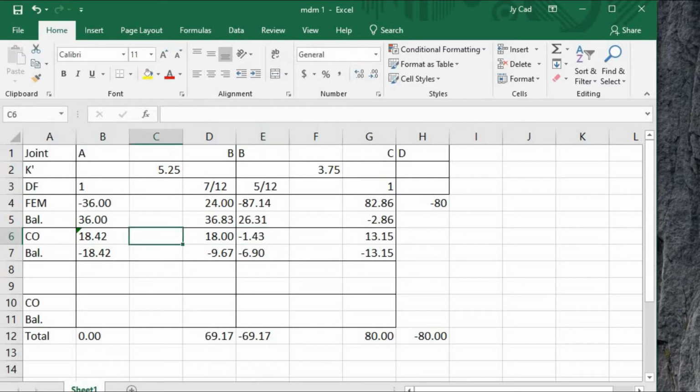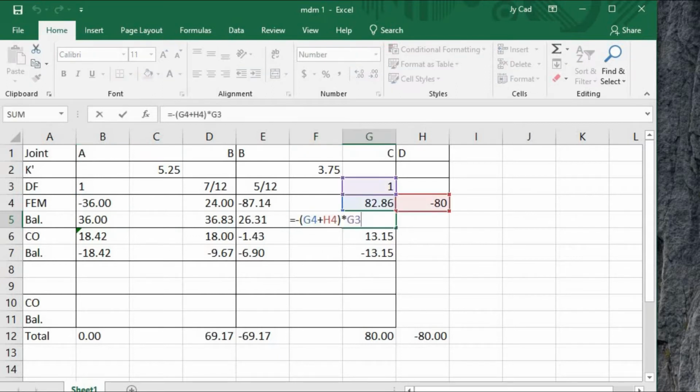Next, dito naman sa 36. Okay na yan. Ganyan lang yan. Dito sa negative 2.86. Okay na rin yan. Pero yung G3, pwede mong palitan ngayon, lagyan mo ng F4.